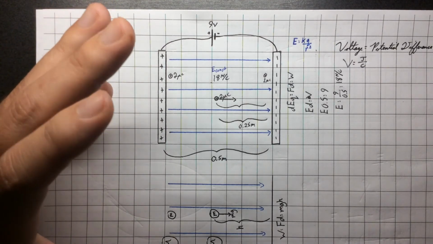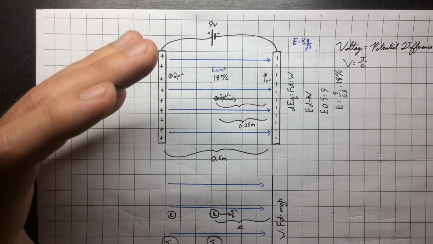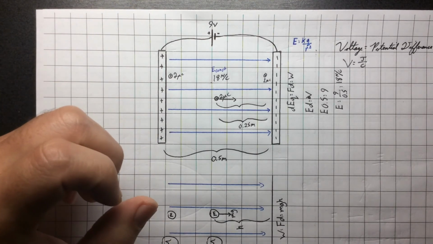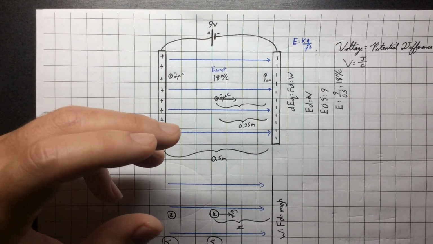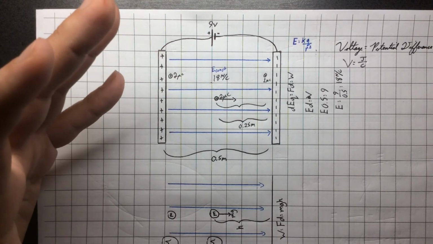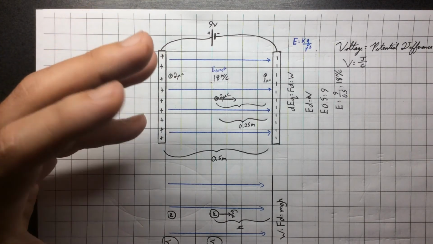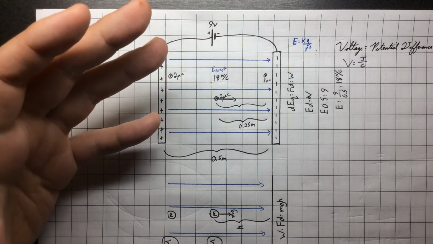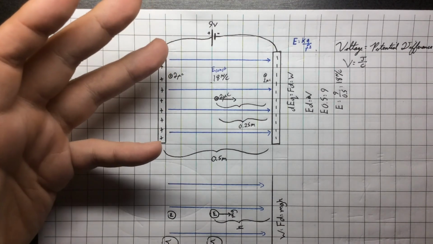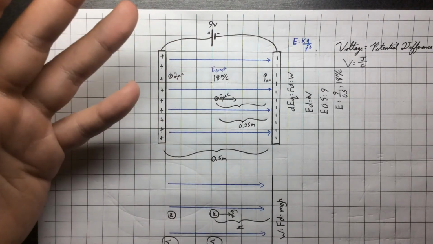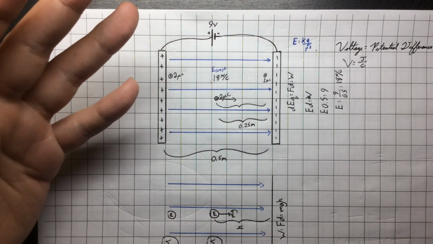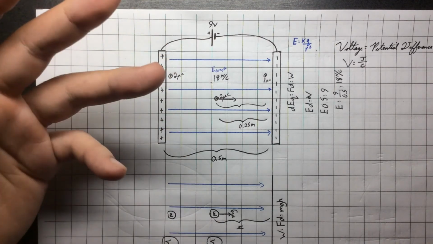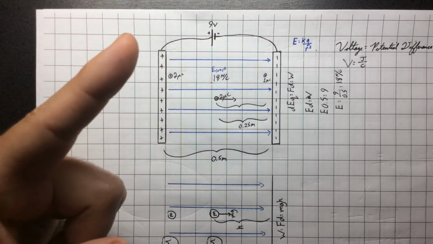So if we have a 9 volt battery, that provides 9 joules per 1 coulomb of charge that it affects. If we have a 500 volt voltage source, that provides 500 joules per 1 coulomb of charge that it is affecting, if it goes through all 500 volts. Okay, if you have 1 million volts, then that's 1 million joules per 1 coulomb of charge.